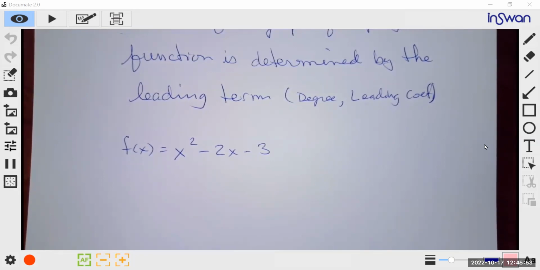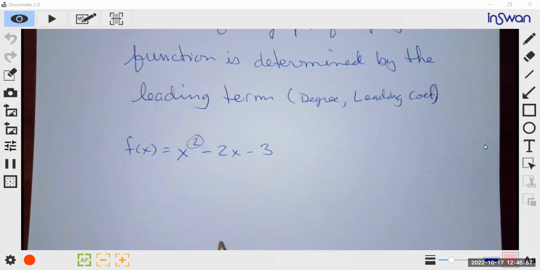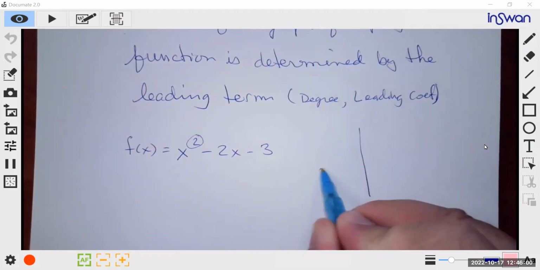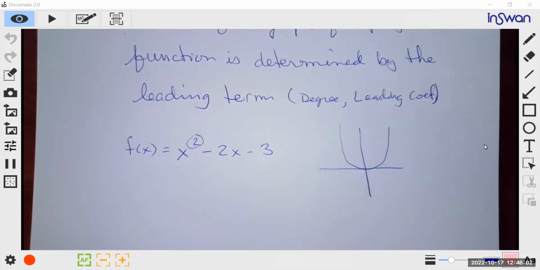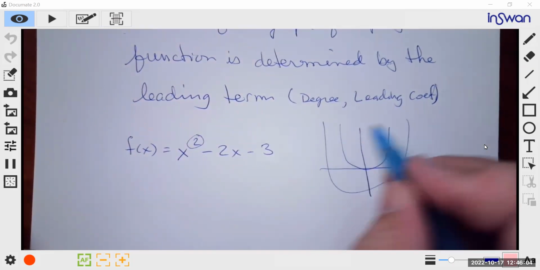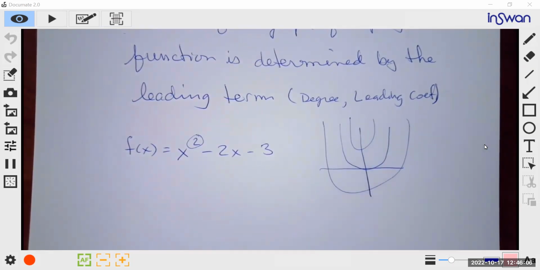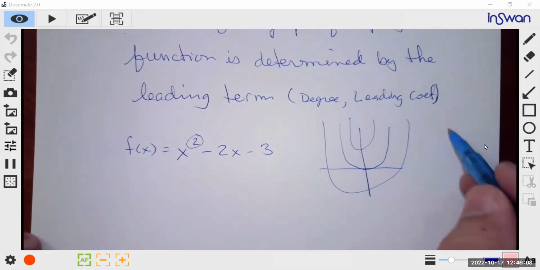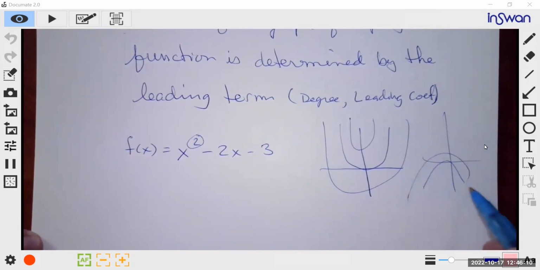How do we know it's a parabola? Because it's degree 2. So we know our graph will look something like that, or like this, or like this. How do we know it opens up and not down?